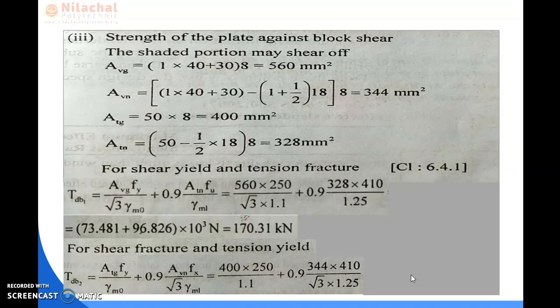Now comes the last strength calculation, which is the strength of the plate against block shear. As I told you in the formula part, to calculate block shear we need to evaluate Avg, Avn, Atg and Atn.